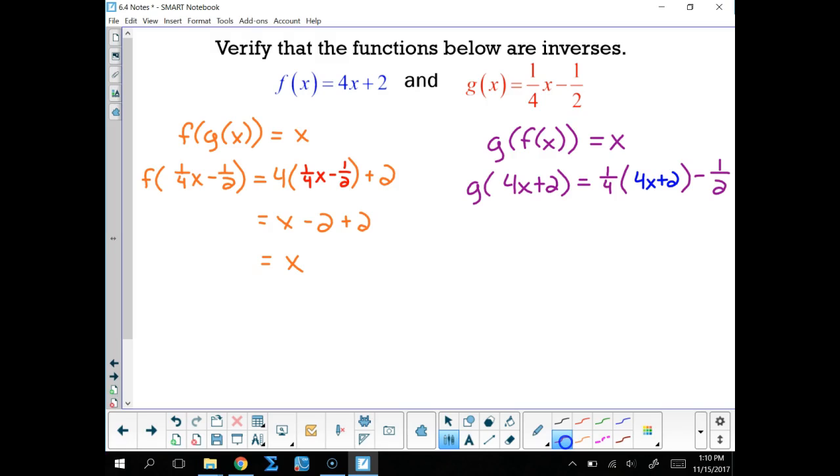Again, using the distributive property, 1/4 times 4 is 1, times x is x. 1/4 times 2 is 1/2, minus 1/2. 1/2 minus 1/2 is 0. So then that just becomes x. So now you can definitively say that f of x and g of x are inverses.